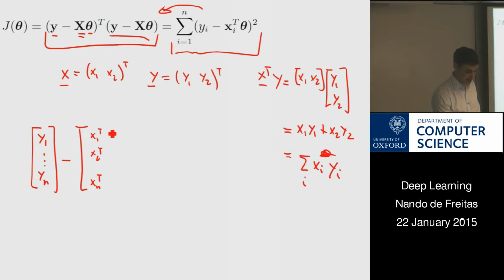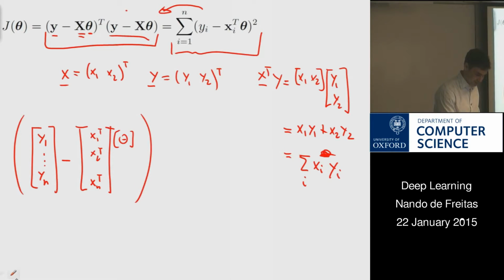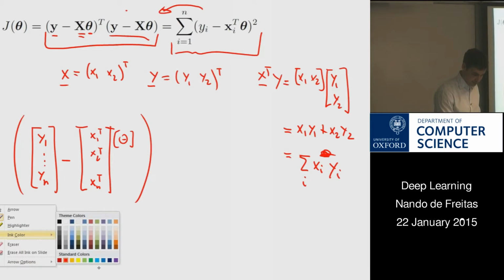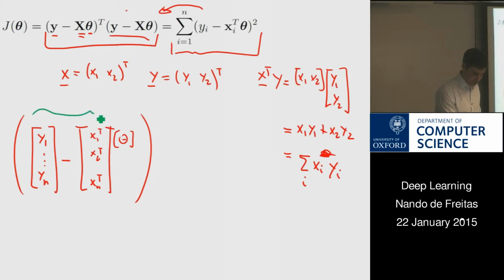Each of these x vectors has the components, and it multiplies the vector theta, which is in this case a vector with one component. So this term corresponds to this term here. I'm going to let you fill in the remaining steps. You can convince yourself that you can rewrite this expression in matrix vector form much more efficiently.